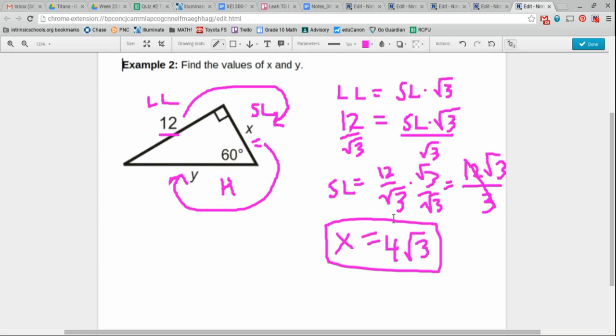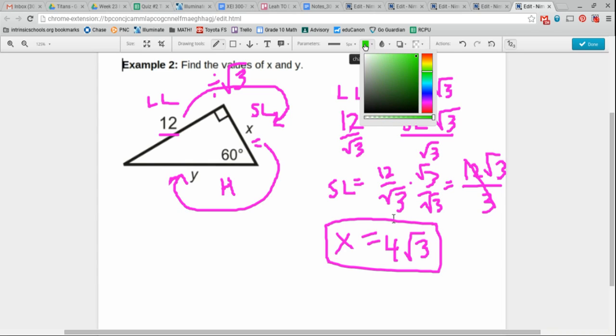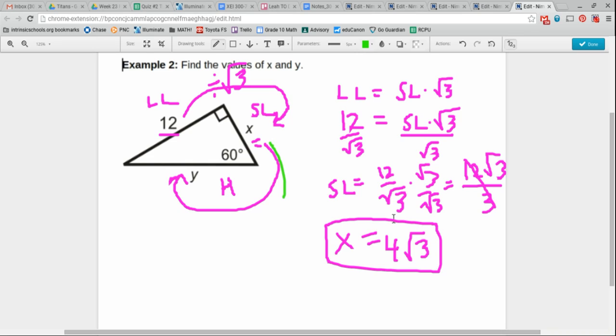So we had quite a few more calculations here than we did on the last problem because we weren't given the short leg. We had to divide by rad 3 to find the short leg. So now that I have found the short leg, I can go ahead and figure out what my hypotenuse is going to be. And the relationship between the short leg and the hypotenuse is that we multiply by 2.